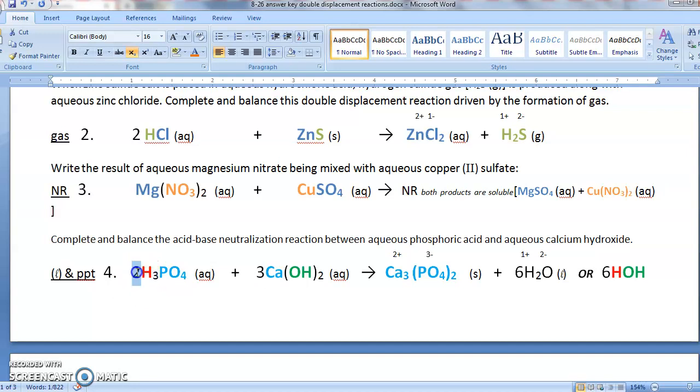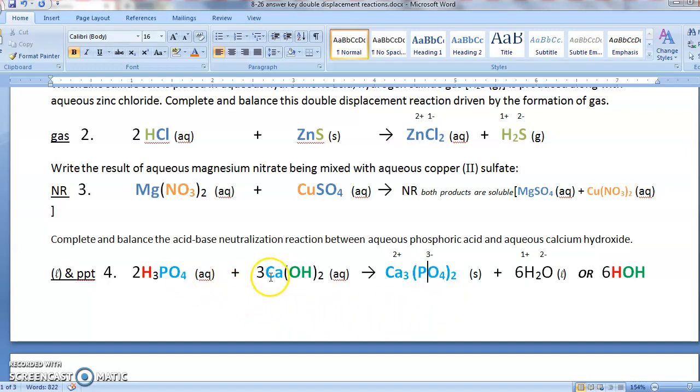As it's acting like an acid, acids are substances which kick off H pluses. We need a 2 in front. 2 times 3 is 6. This 3 in front will give us the 3 calcium ions we need. This 2 in front will give us the 2 phosphate ions. Why is it Ca3(PO4)2? Because the phosphate ion is 3 minus, the calcium's 2 plus, we crisscross.